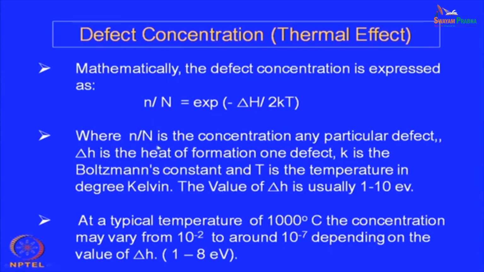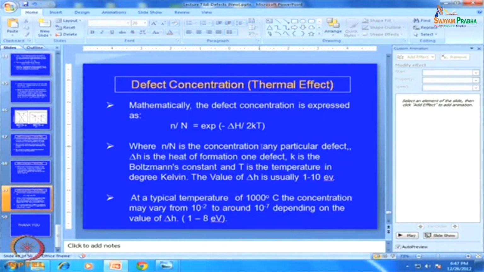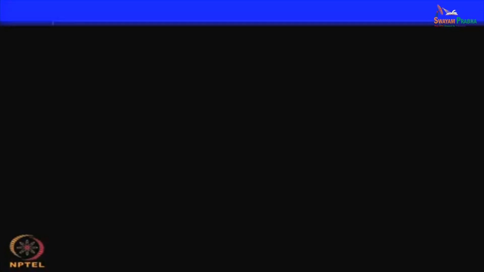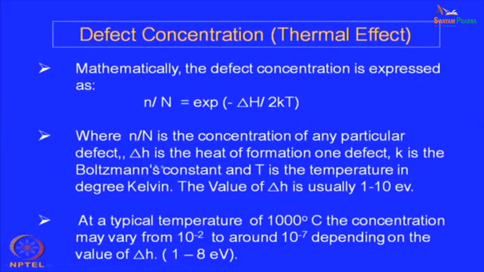So, n/N is the concentration of any particular defect, ΔH is the heat of formation of one defect, k is the Boltzmann constant, and T is the temperature in degrees Kelvin. The value of ΔH is usually 1 to 10 electron volt.